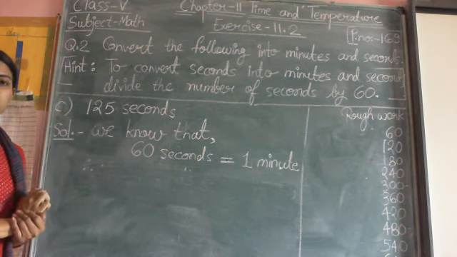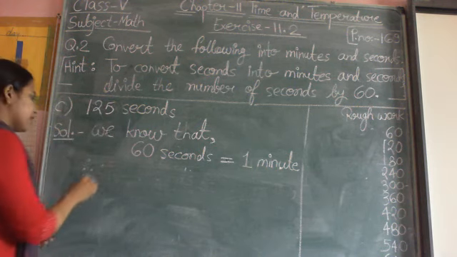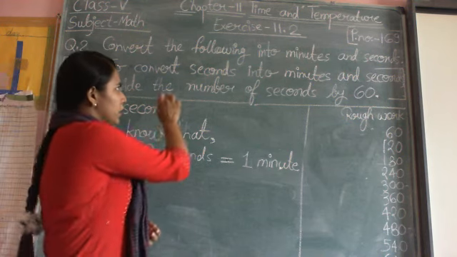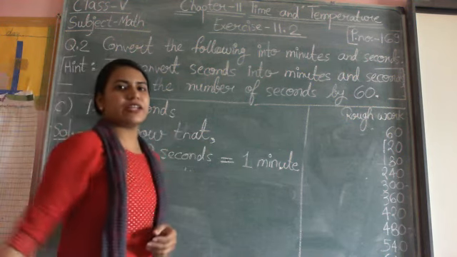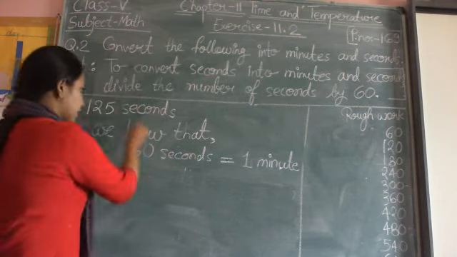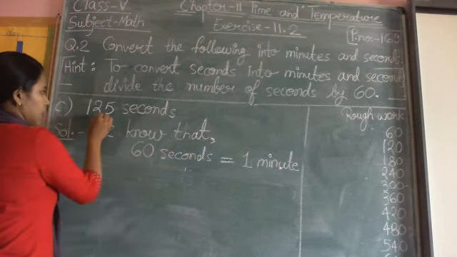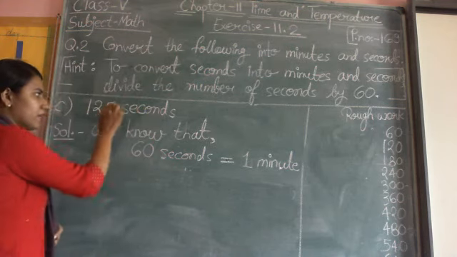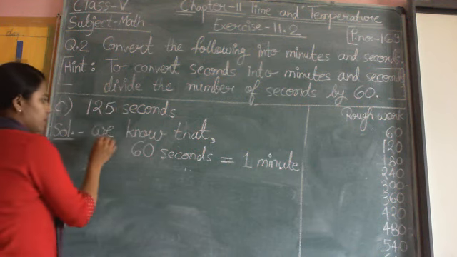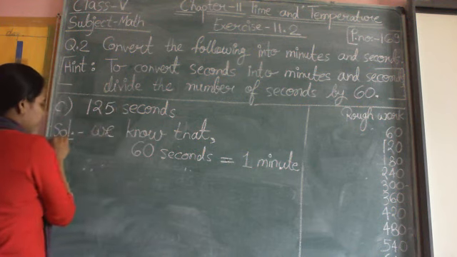So to convert, we have a hint, and what does the hint say? Hint says that to convert seconds into minutes, we divide by 60. Given number is 125. We will divide this number by 60. So solve. Then we will write.